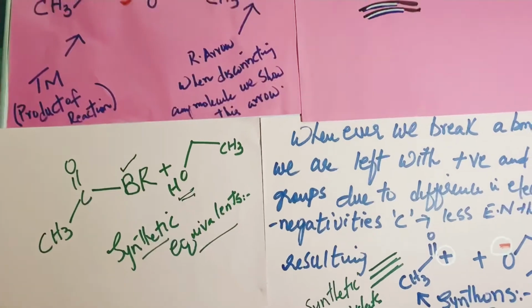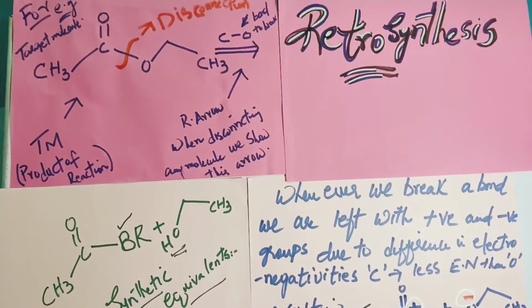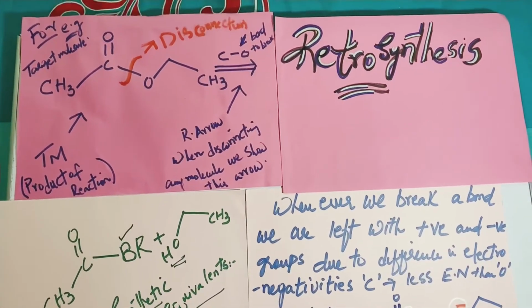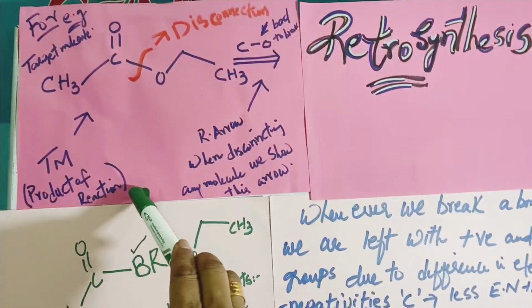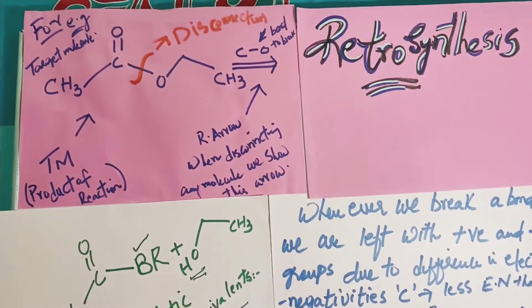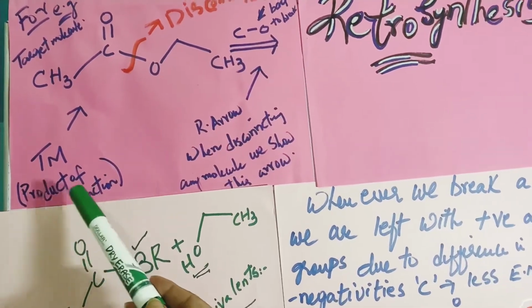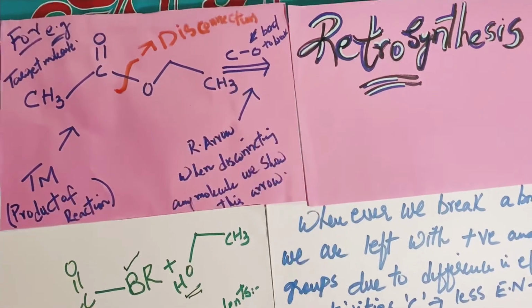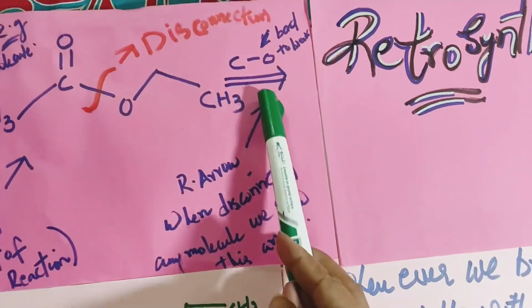So today I think I'm quite successful in explaining in short what was retrosynthesis, that is the reaction in reverse, right? And what is a target molecule, which was this one. This is the product you get in the end of the reaction. When the reaction is progressing in the forward direction, you get a product in the end that is called the target molecule. And you have come to know what is a retrosynthetic arrow. If you ever see this type of an arrow, you will simply say this is a retrosynthetic arrow.